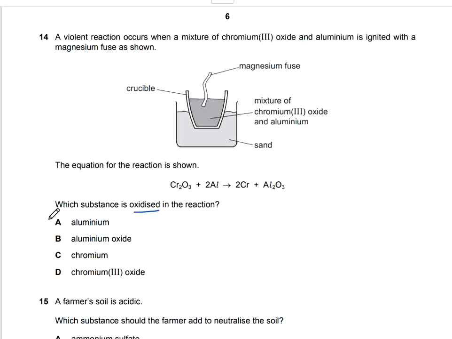So we have aluminum oxide, it already has oxygen. For chromium, you cannot see oxygen added to the chromium in the result, and chromium oxide is actually a part of the reactant. So the correct answer for this is aluminum, letter A.